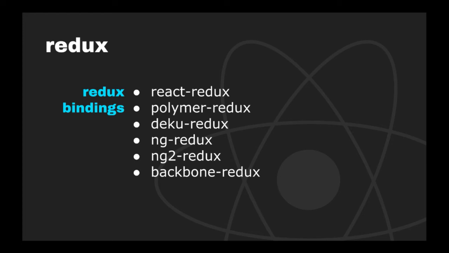For example, for React, of course, we have React Redux bindings. For Polymer as well, we have the Deku Redux. It's actually one proposed by the Redux page itself. But if you want to try, you can even use it with Angular 2, or even with Backbone.